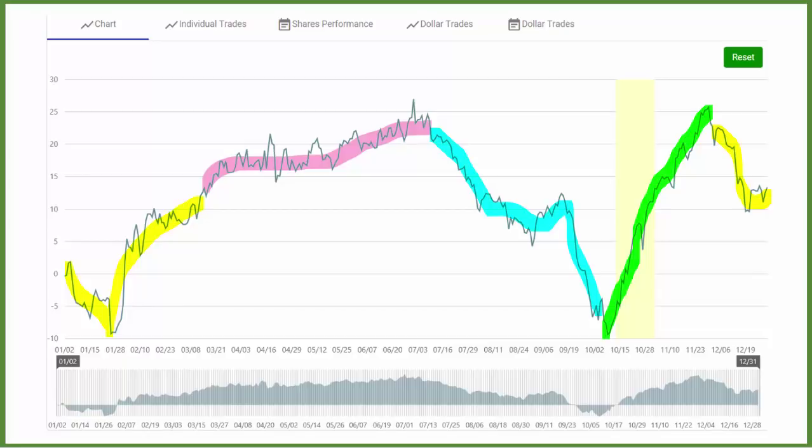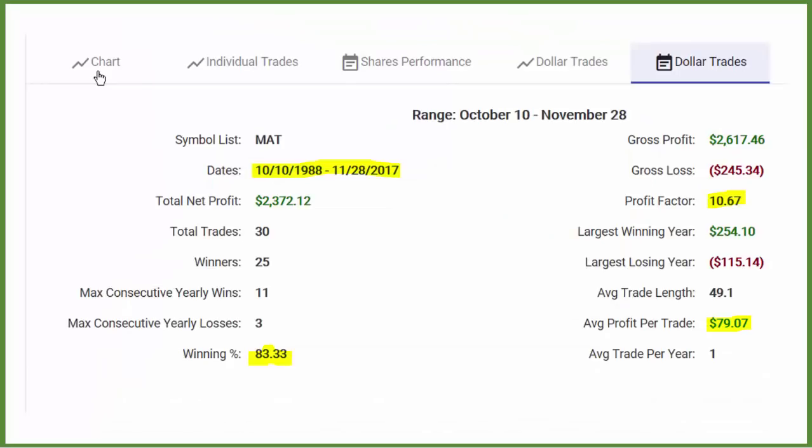But nonetheless, I narrow down my stats area to the green area. Again, that's by moving these tabs at the bottom to the dates shown, and then clicking on the dollar trades.